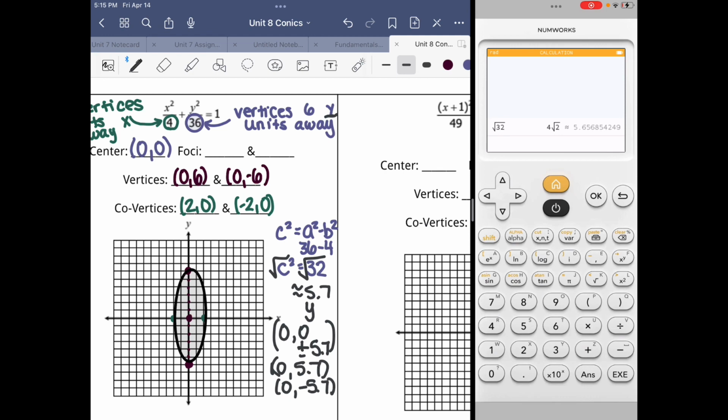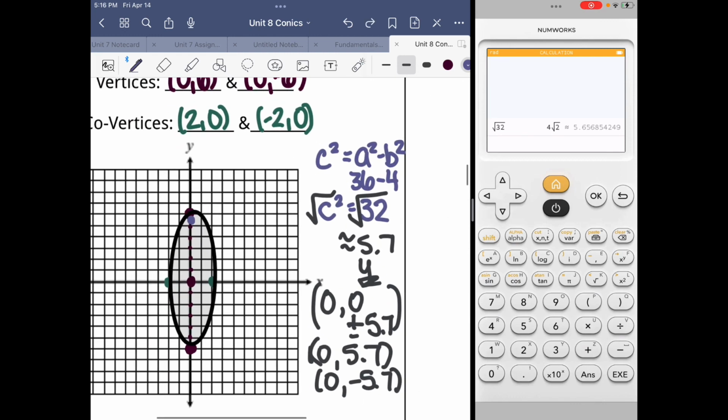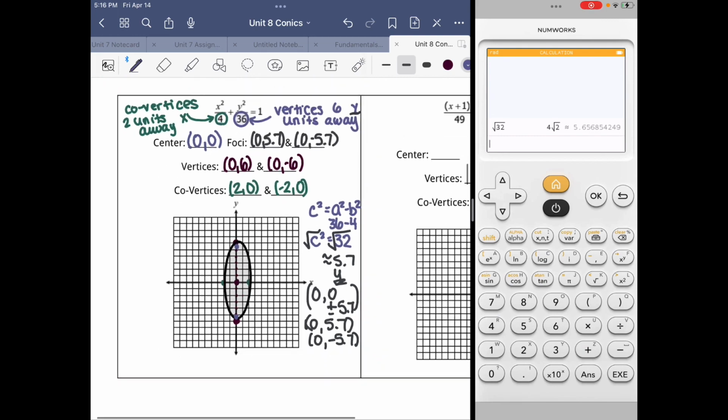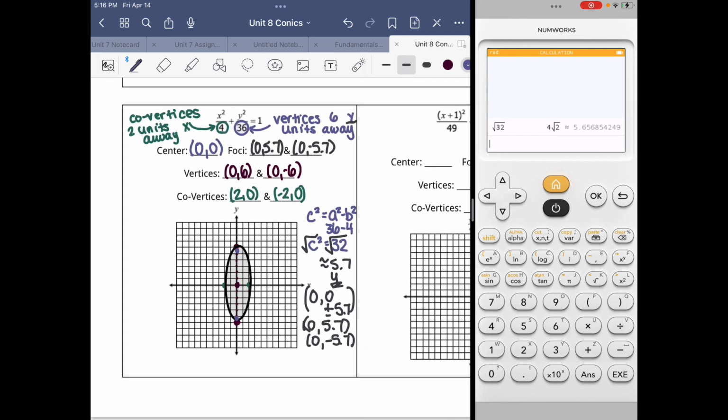I'm adding it to the y part because it was the y-axis that was the major axis. Then I put 2 points at 0, 5.7 and 0, negative 5.7. Now 5.7 is pretty darn close to 6, so it's going to be right here and right here. And that's the graph of my ellipse with the foci.